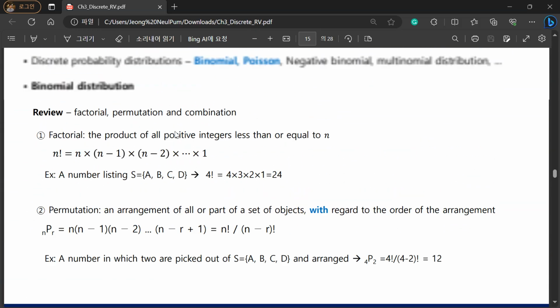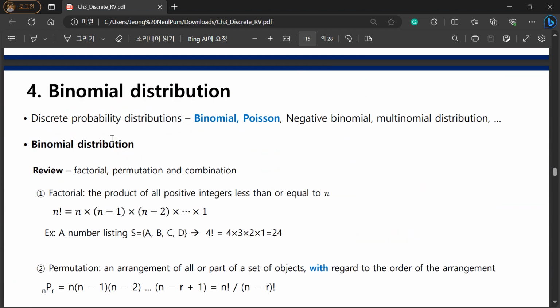The first distribution related to the discrete random variable is the binomial distribution, which is very famous among the other discrete distributions.